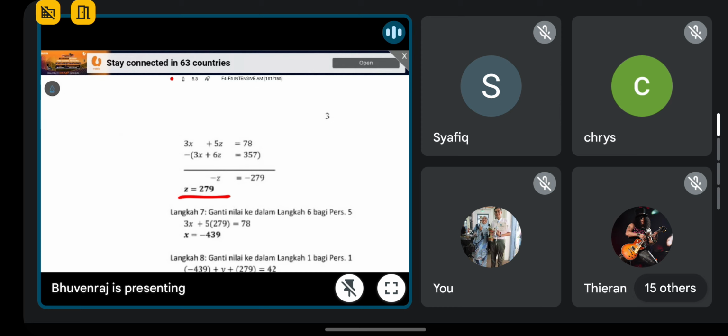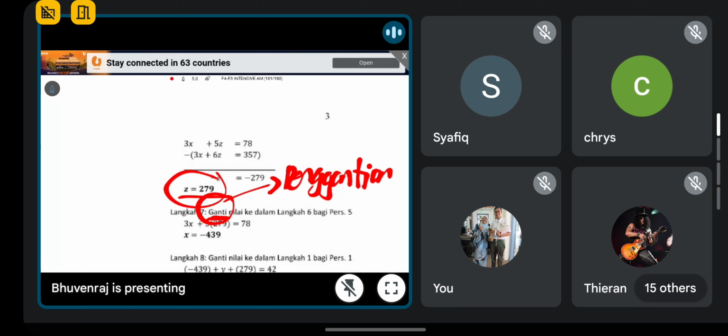Yang ni kamu boleh kira lah guna calculator. But make sure no careless mistake lah. Okay, and then bila dah dapat jawapan, terus ganti. Jangan takut, guys, sebab yang ni terkandung di bawah kaedah penghapusan, right? Now the method I showing you is elimination. But then suddenly you see, mengapa penggantian tiba-tiba masuk kat sini?